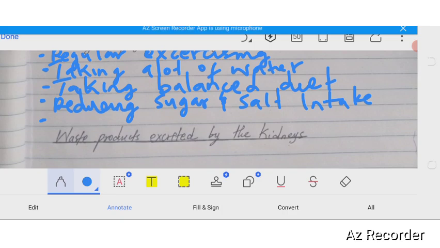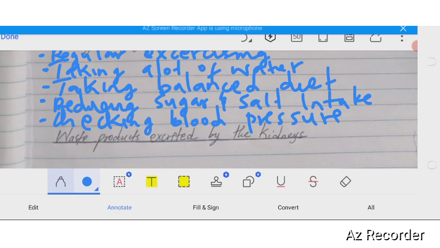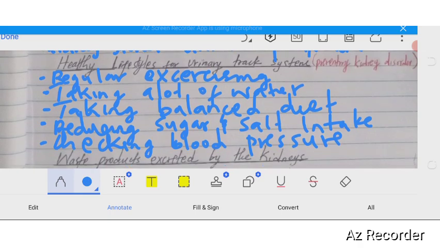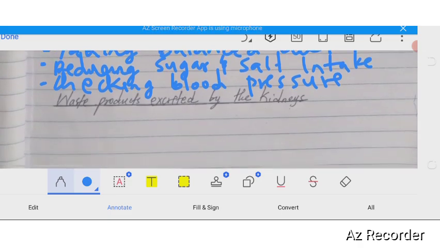Last but not least, checking blood pressure. These are just a few ways of making sure that your kidneys are healthy, and we call them healthy lifestyle for the urinary tract system. They are also ways of preventing kidney disorders: regular exercising, taking a lot of water, taking a balanced diet, reducing sugar and salt intake, checking blood pressure.